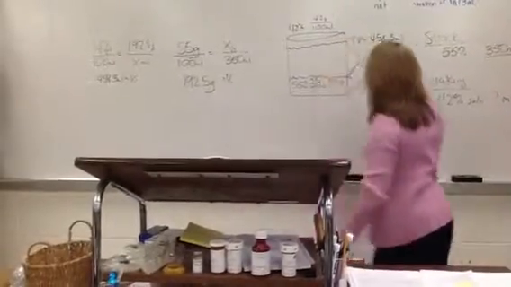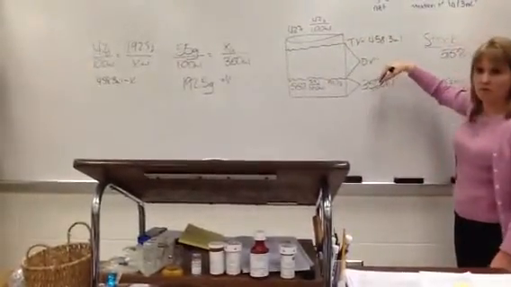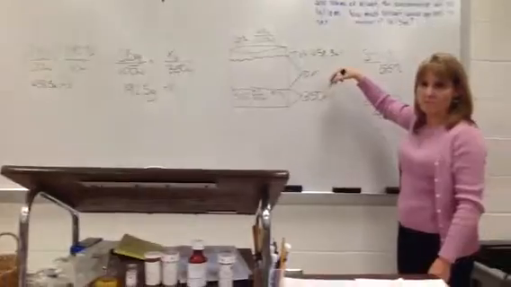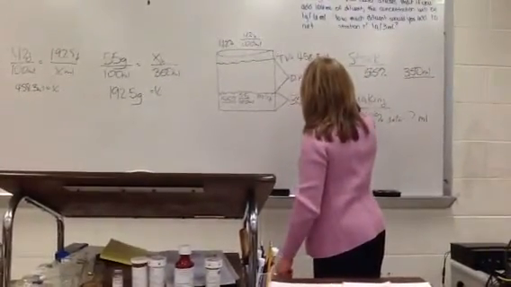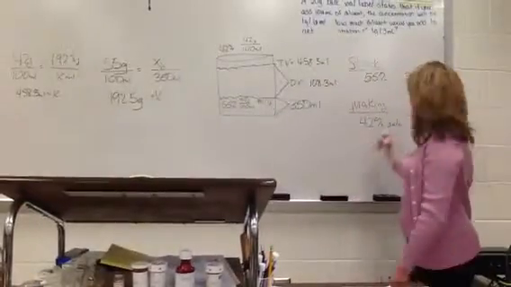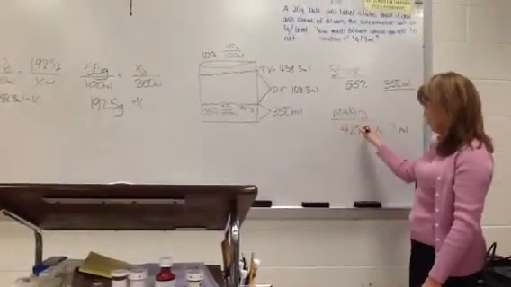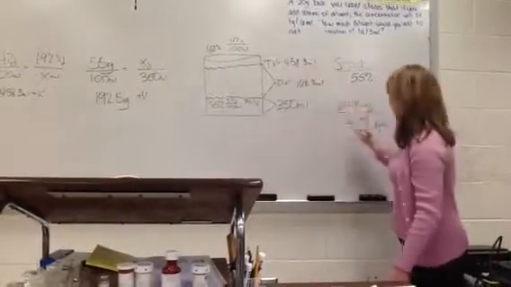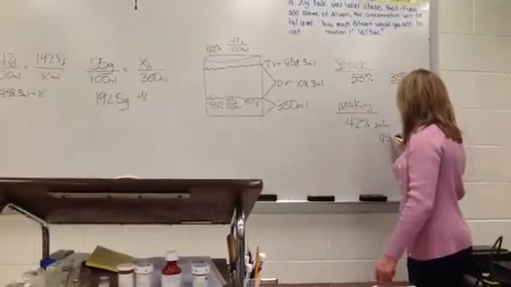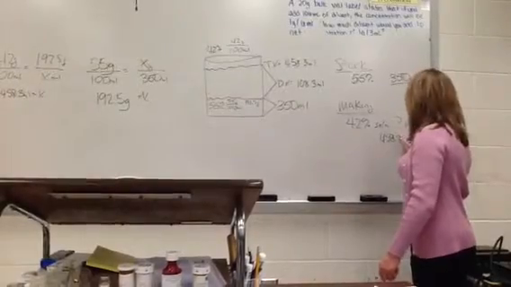And I subtract 458 less 350, 108.3. What's my question? I'm making this 42% solution, and I need to know the volume of it, how much I can make. It says 458.3 mLs.